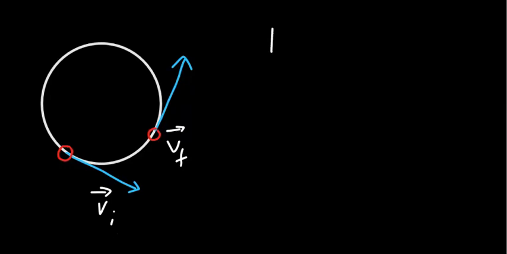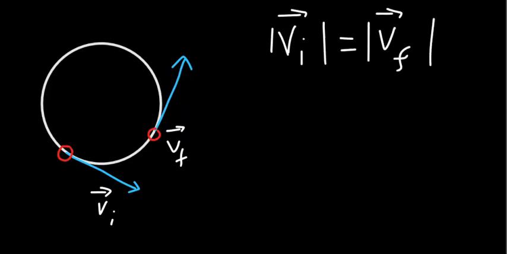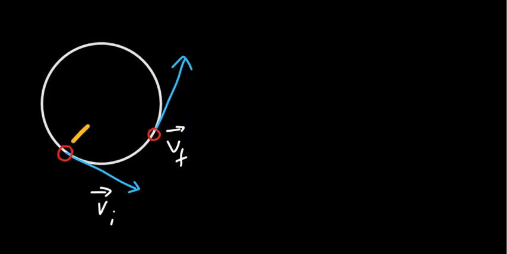We note the speed or the magnitude of these velocities are the same. The time it takes to go from this position to that position is, let's say, delta t. We want to address the direction of the acceleration because after all the velocity changes.